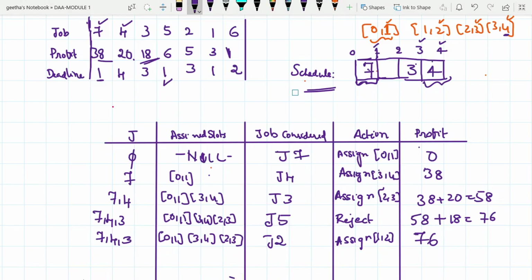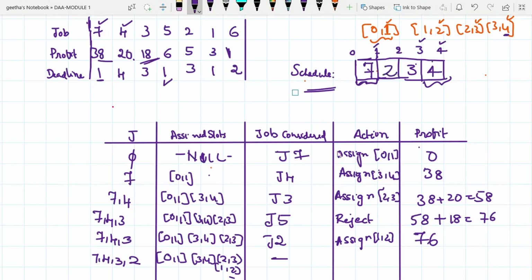Now you have assigned one more job, so the jobs are 7, 4, 3 and 2, with slots 3 comma 4, 2 comma 3 and 1 comma 2. All the slots have been allocated, so you cannot consider any other jobs because there are no vacant slots.